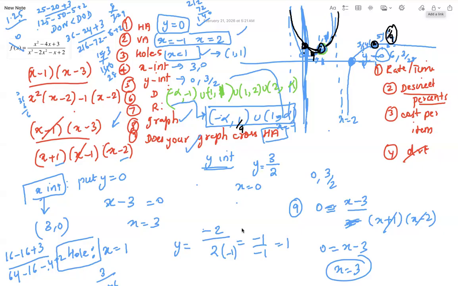Let me quickly graph it and see, because for the range I doubt, because we are not able to determine the points properly, right? So I'm just going to graph it and see.